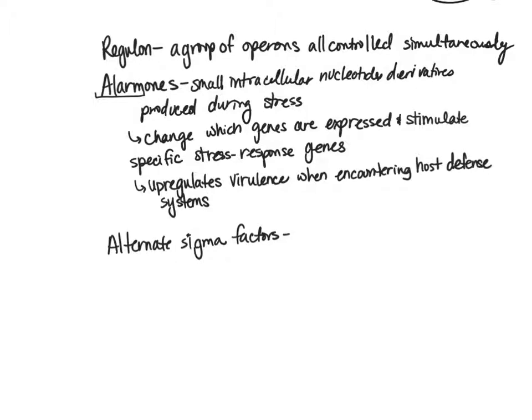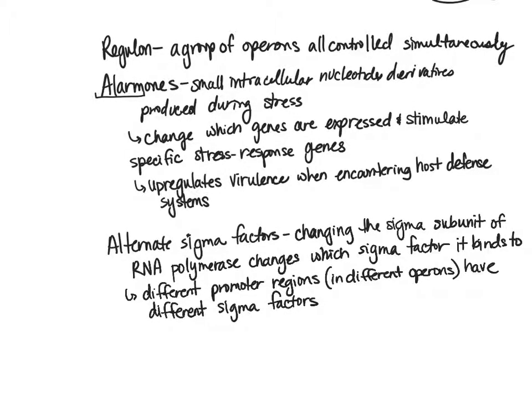One of those subunits is the sigma subunit. A cell can change the sigma subunit of RNA polymerase, and that's going to change which sigma factor it binds to. And a sigma factor is on a promoter region. So different promoter regions within different operons have different sigma factors, and the sigma factor is within the actual operon itself.